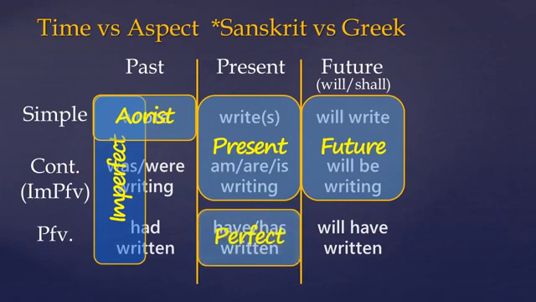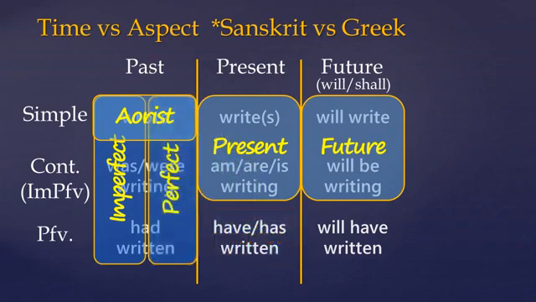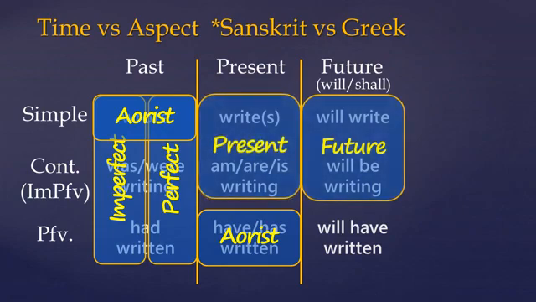Likewise, the Sanskrit perfect tense is not used in a perfective sense, but as an historical past like the imperfect, whilst the aorist tense in Sanskrit is one of simple past, but because it represents the recent past, it overlaps greatly with the meaning of the present perfect in English. However, like their Greek counterparts, both the present and the future tense overlap the simple and the continuous aspects.